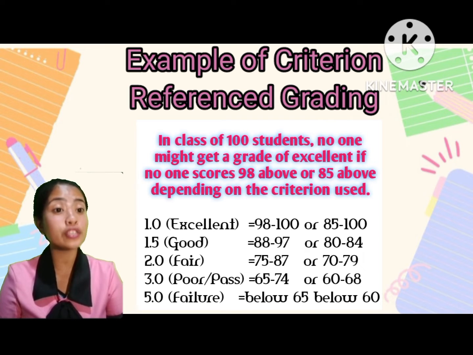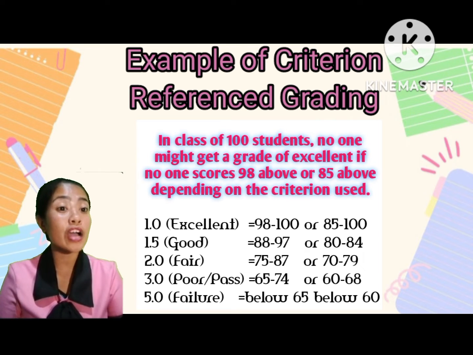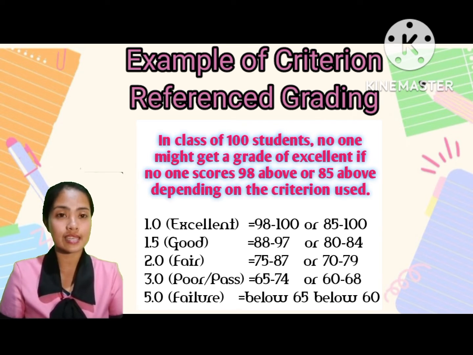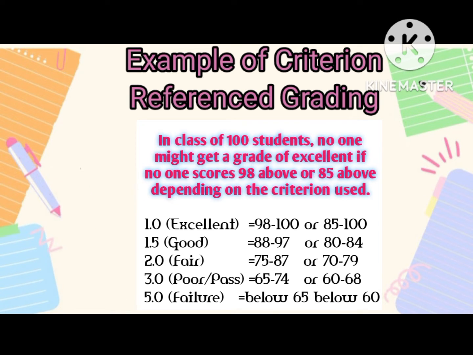And 5.0 is failure, below 65 or below 60. So this is an example of criterion-referenced grading.